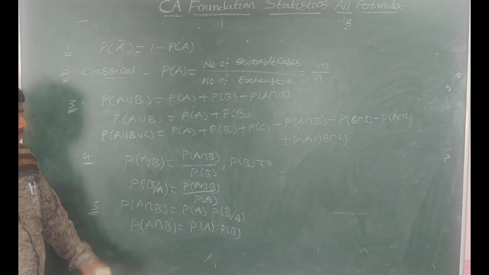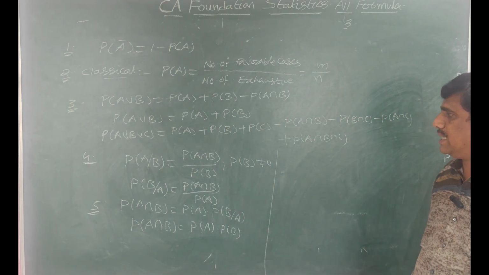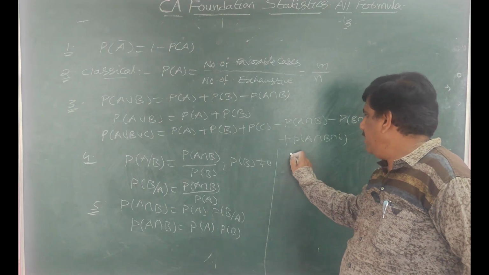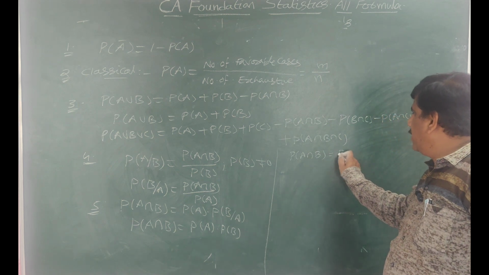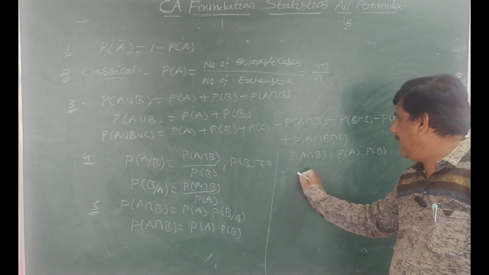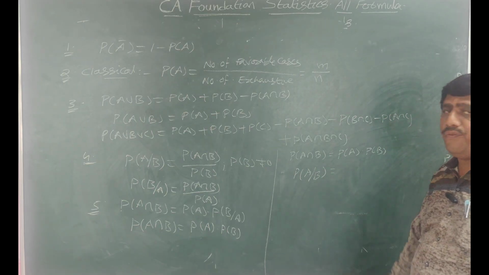Okay. So in this conditional probability formula, sometimes he will ask like this. If A and B are independent, what is the condition? P of A intersection B equal to P of A into P of B. If A and B are independent, then what will be P of A given B? What will be the formula?